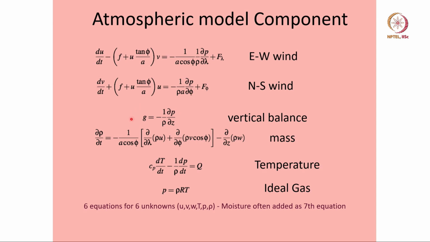In the vertical, normally we assume hydrostatics because the vertical motion of the atmosphere is very slow. So in most situations, the atmosphere is in hydrostatic equilibrium, except when there is a strong system like a tornado or cyclone, then we have to change it slightly. But most of the time for climate simulation, we assume hydrostatic balance.